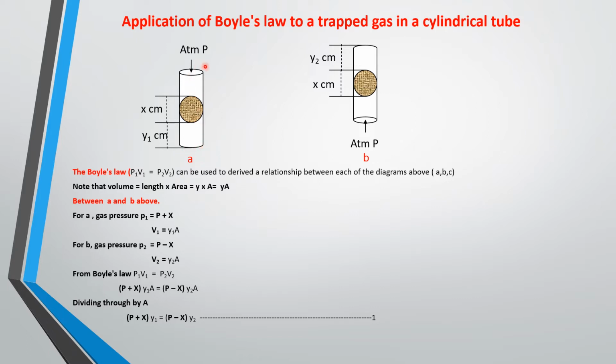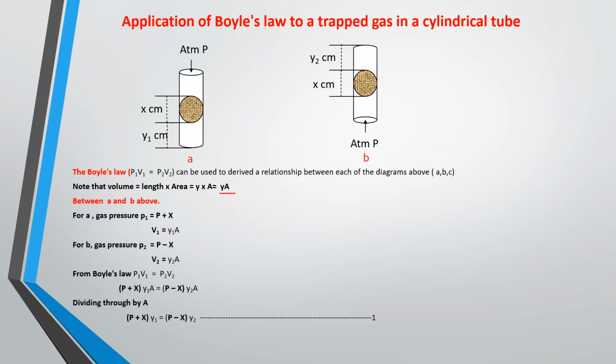The atmospheric pressure plus the pressure due to the length of mercury here. That would be the pressure on the gas. So Boyle's law says that P1 V1 is equal to P2 V2. This can be used to derive the relationship between this situation, the second situation, and the third situation that we discuss. Okay, so as I've said before, we know that volume is equal to length times area.